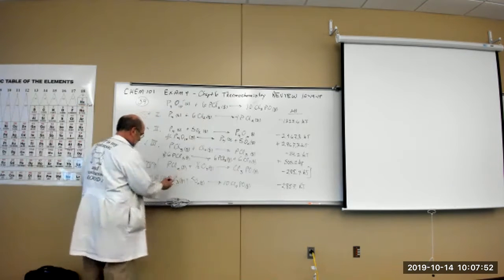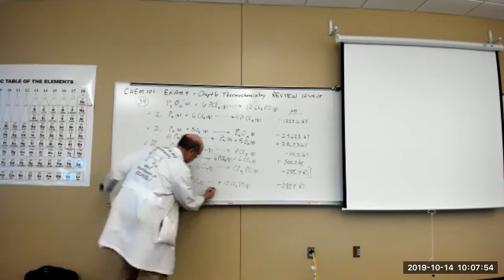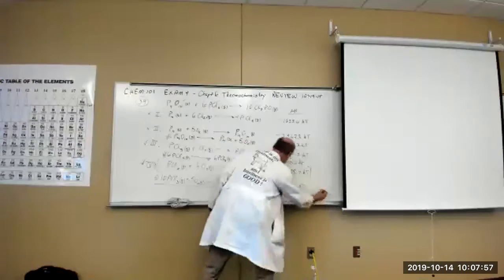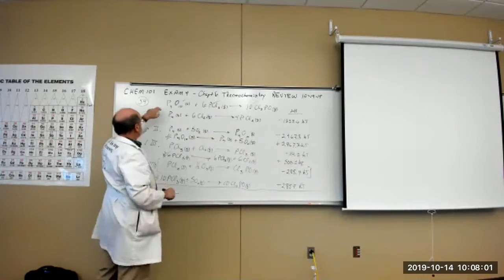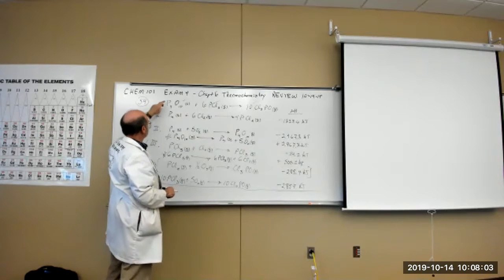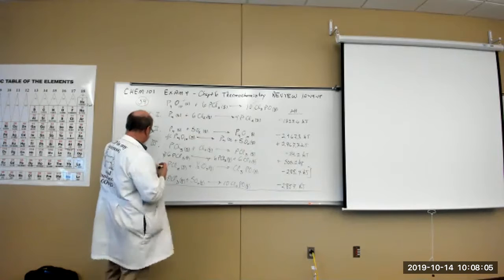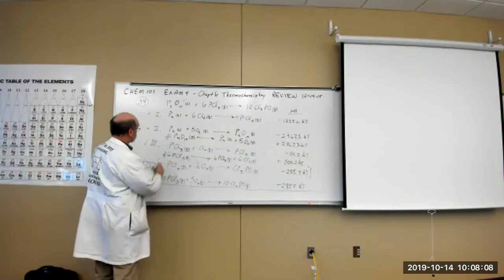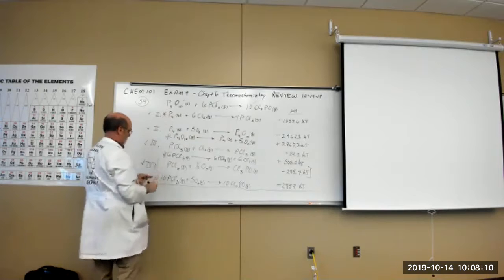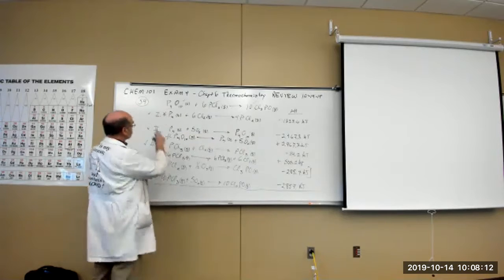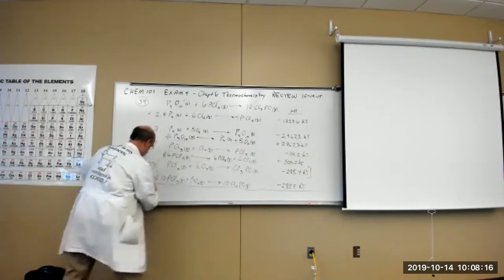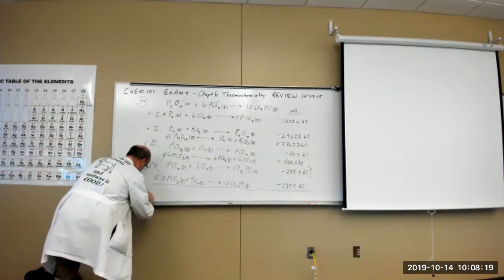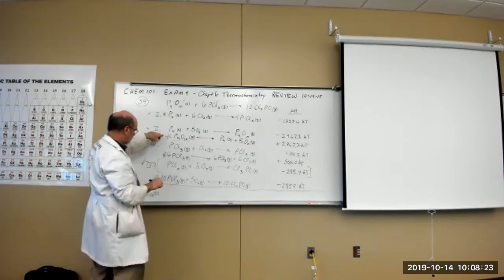So let's see if it does. All right, so let's see if we can cancel some things. This one, this one, this one, and that one. Okay, so we need P4O10. Here it is. All right, and that one.